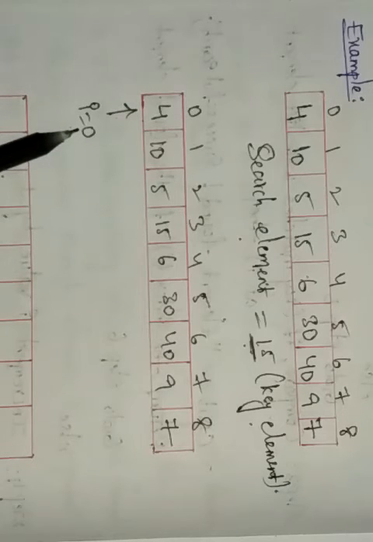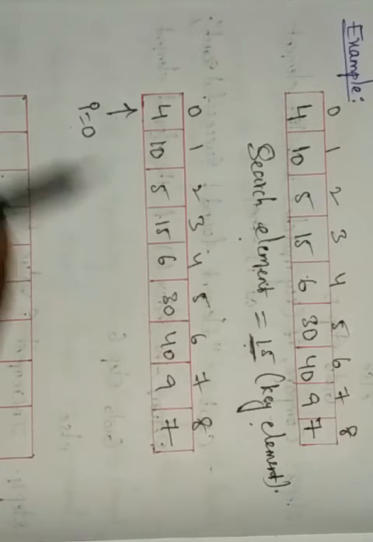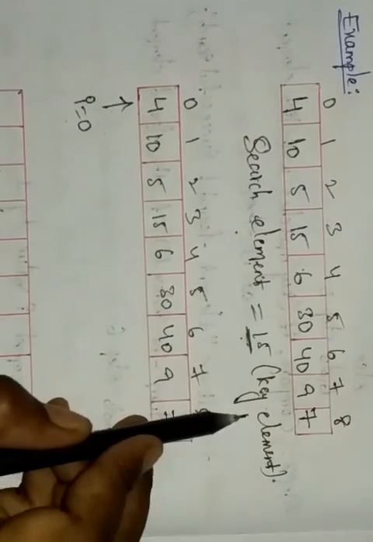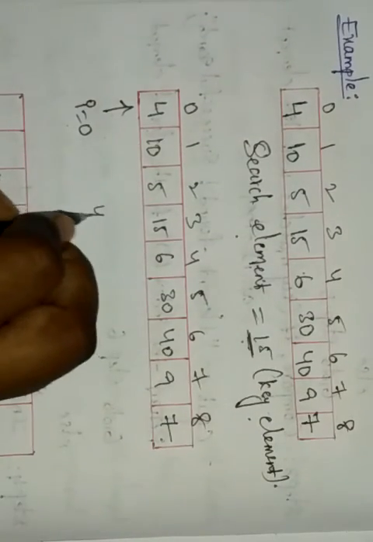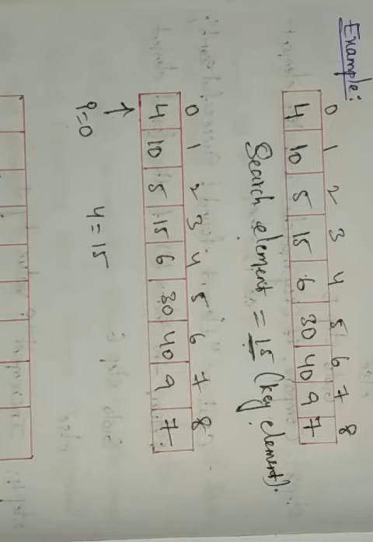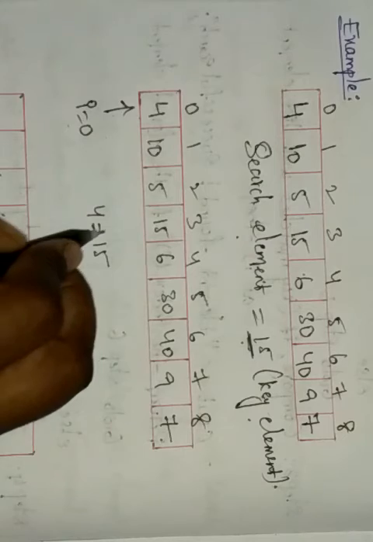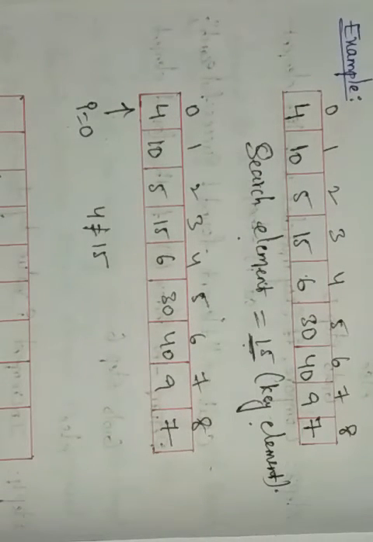The first element, I is equal to 0. Here you have to compare the first element with the key element. 4 equal to 15? No. 4 is not equal to 15. So it means we are not finding the element at the first element.